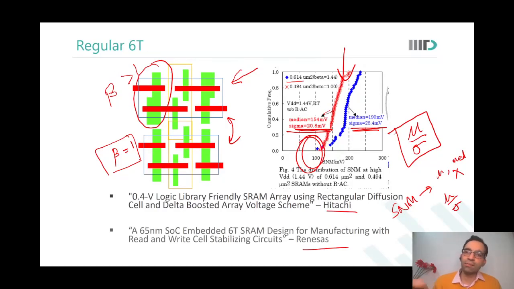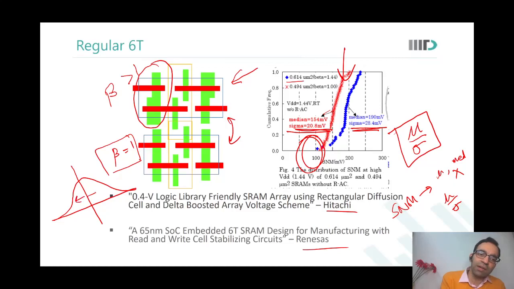When I talk of mu by sigma, what I am essentially saying is that if it was a Gaussian distributed curve, then I will go 1 sigma away. There is some probability that I am covering, one set of cells I am covering. You go 2 sigmas away, I will cover another set of cells. 3 sigma away, I will cover another set of cells.